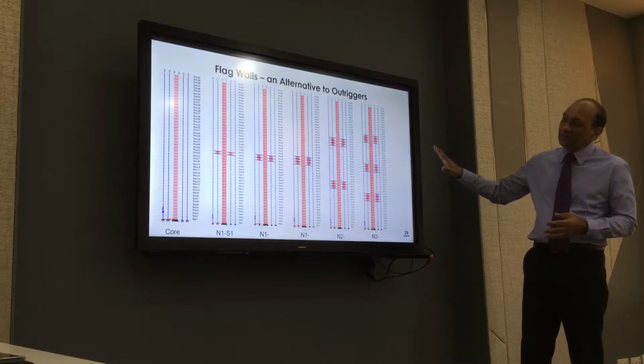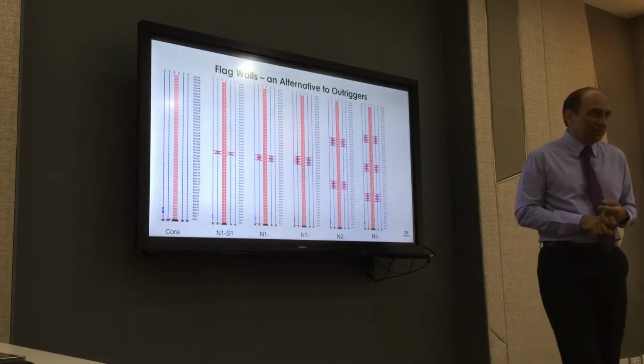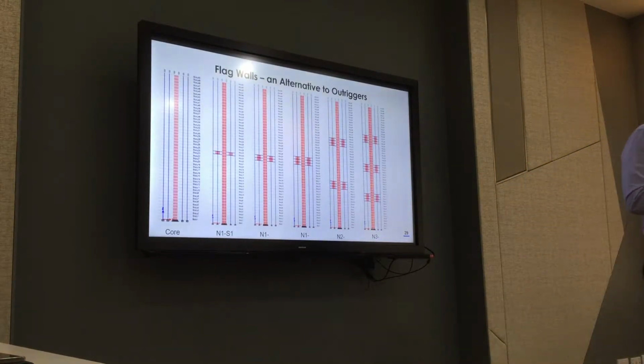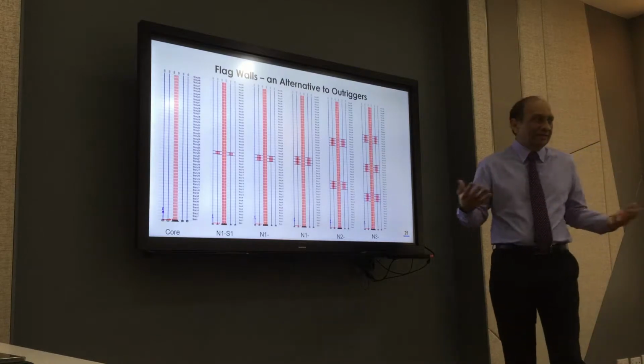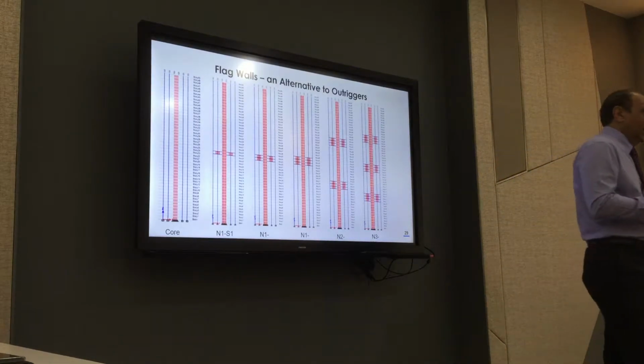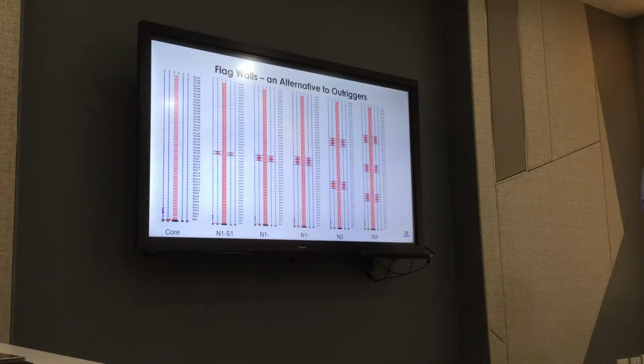And last year, 2 students worked on this topic. One was looking at flag walls for wind consideration, and one was looking at flag walls for earthquake consideration. And then later we combined their research into one paper which talks about flag walls for tall buildings, both for wind and earthquake, right?